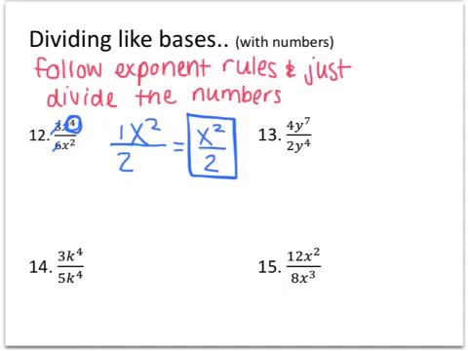What is 4 divided by 2? 2. Technically, that's the same as 2 over 1. If you want to write that 1 there, you can. You don't have to. Now we have y to the 7th and y to the 4th. Where is my y going to stay?